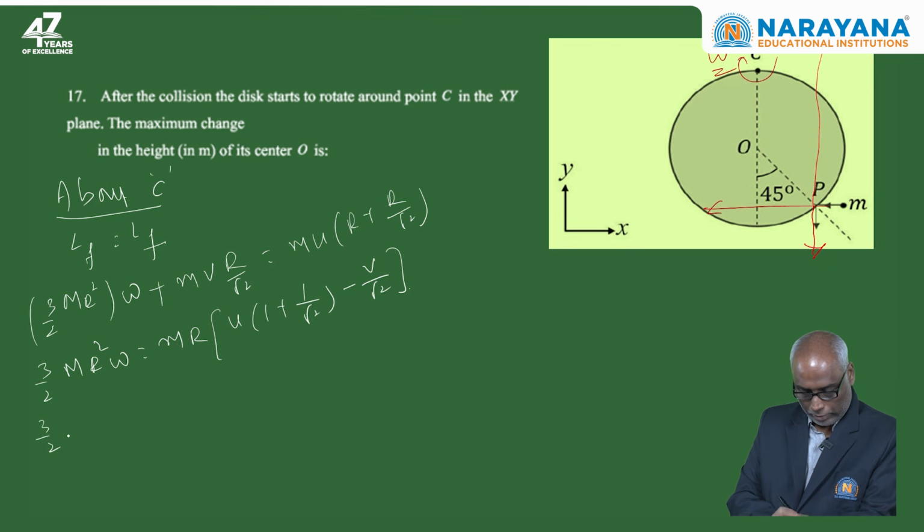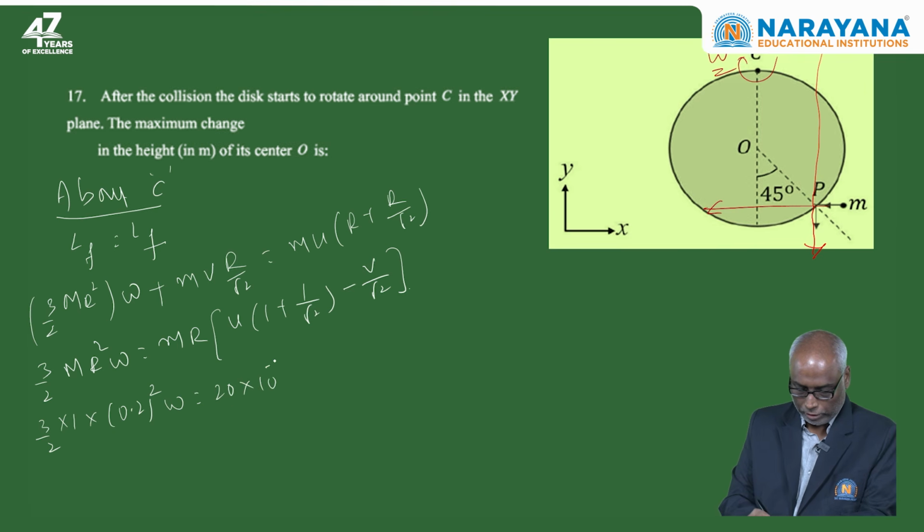So 3 divided by 2 into the mass of the disc, which is given as 1 kg, the radius of the disc is given as 0.2 meters, into ω equals the mass of the particle, given as 20 grams, 20 into 10 to the power of minus 3. R value is again 0.2.